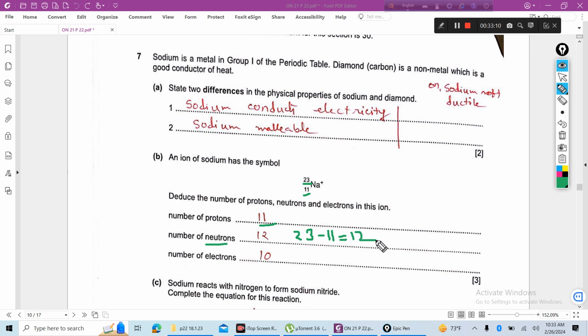Number of electrons will be 10. Why? The proton number is 11, so plus 1 charge means 1 electron less. Number of electrons will be 11 minus 1, it will be 10.